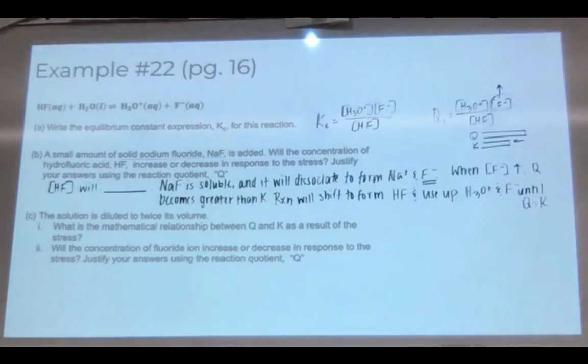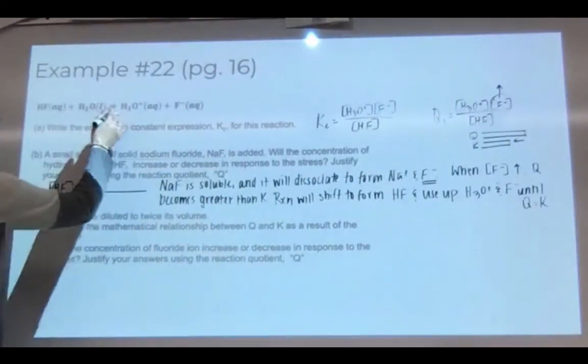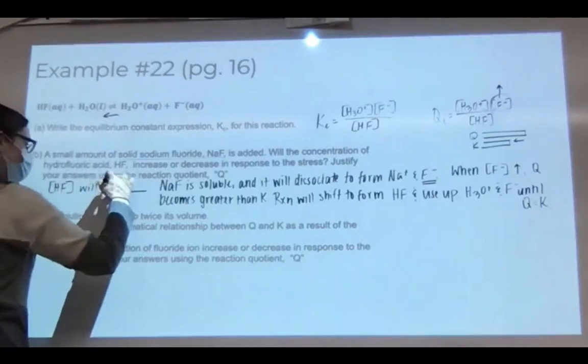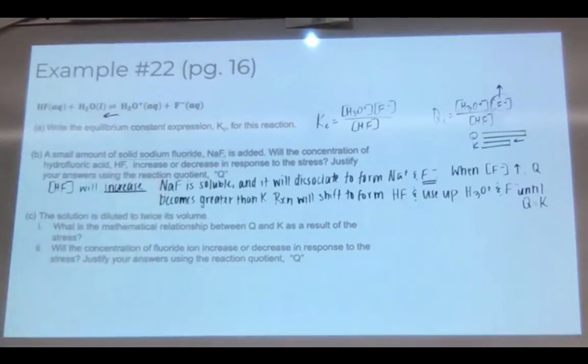So to get Q back equal to K, we need to create more reactants. So if we're creating more reactants, we're shifting left, the concentration of HF will increase. So we're still thinking about Le Chatelier's principle, but we're tying it into Q as well.